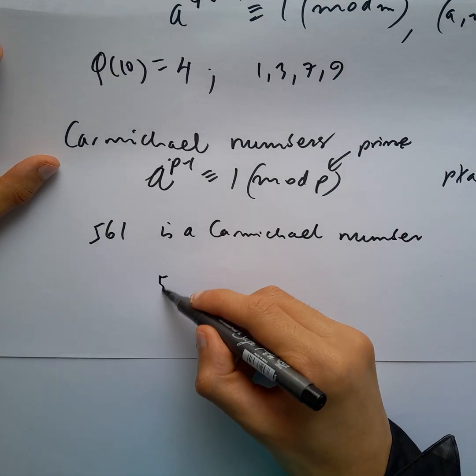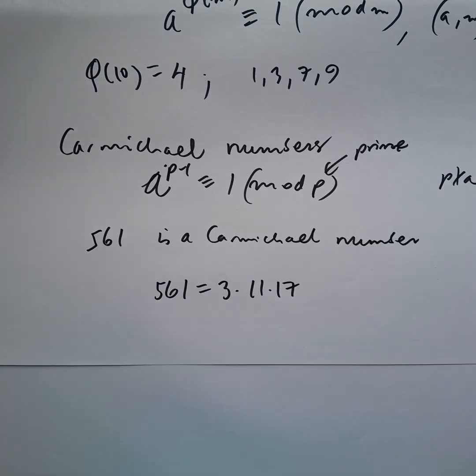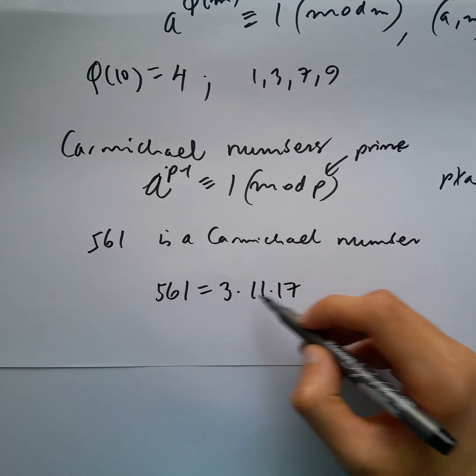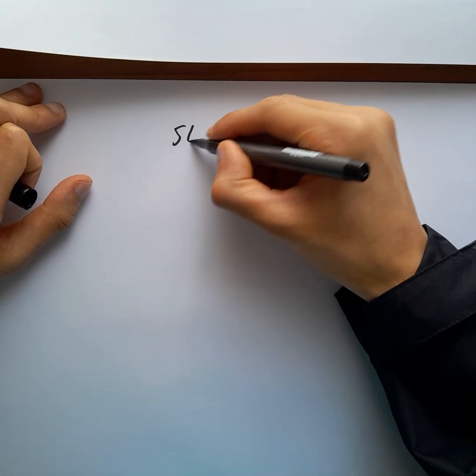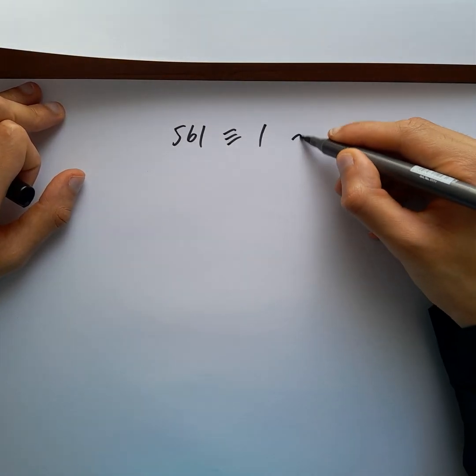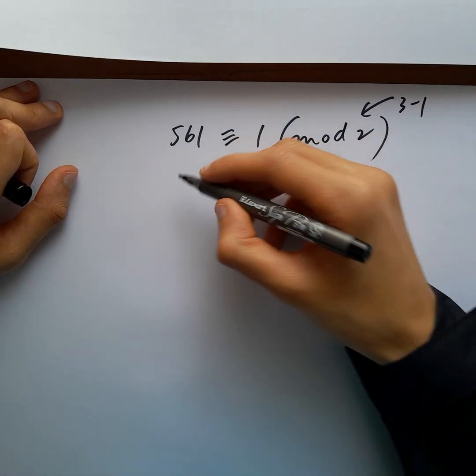Alright. So 561 can be written as 3 times 11 times 17 as its prime factorization. Now, if you check, you will see that 561 is actually congruent to 1 mod 2, and that's 3 minus 1.